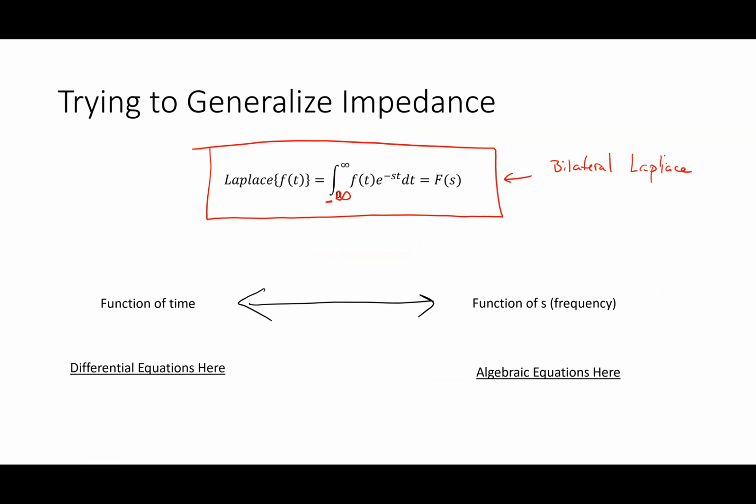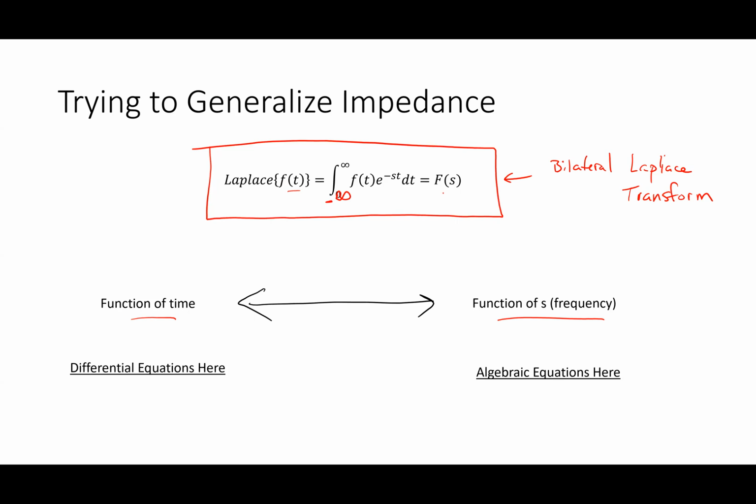All right. You might have learned something different, and you'll talk more about Laplace transforms later, but we don't usually deal with this. We usually say, okay, if I take a function f of t and I apply this Laplace transform, I get a function F of s, okay? So what we do is the Laplace transform allows us to move from functions of time to functions of s.